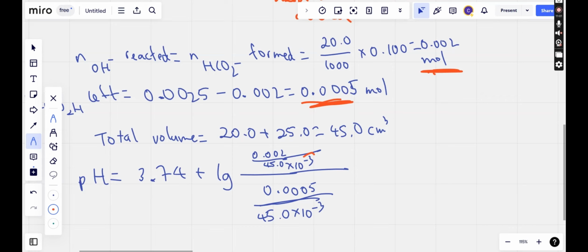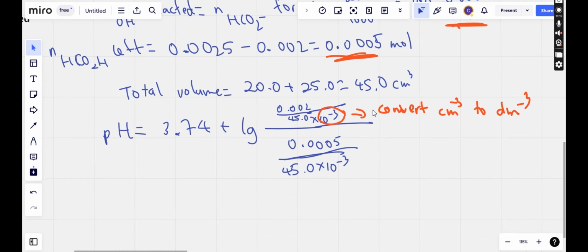I just annotate it here. Convert cm cube to dm cube. Okay, then your pH level should be 4.34.